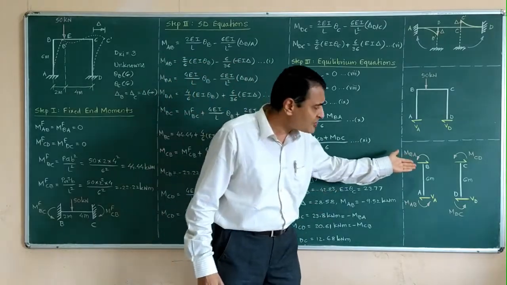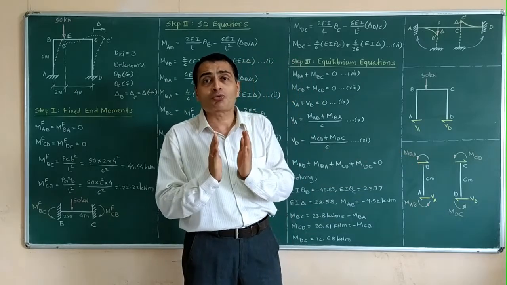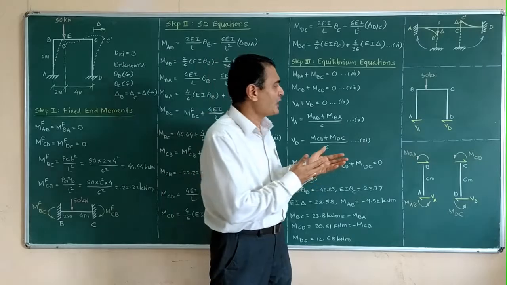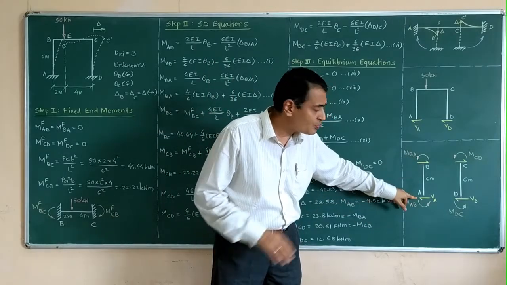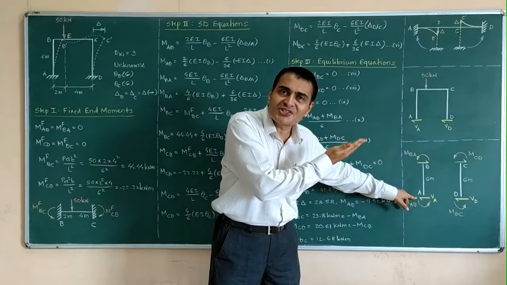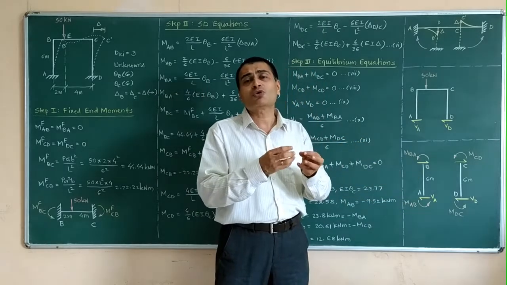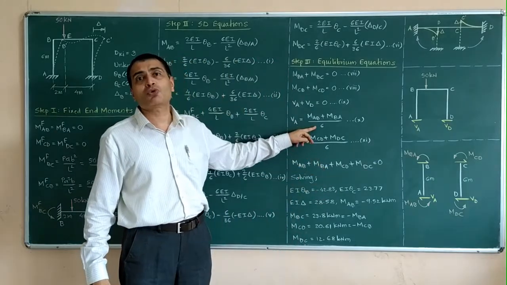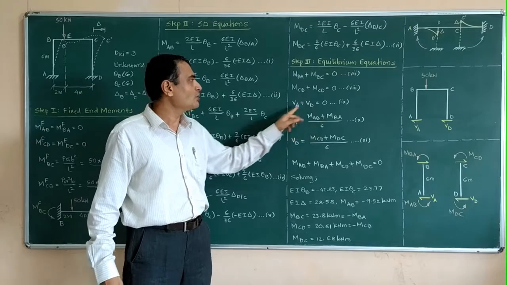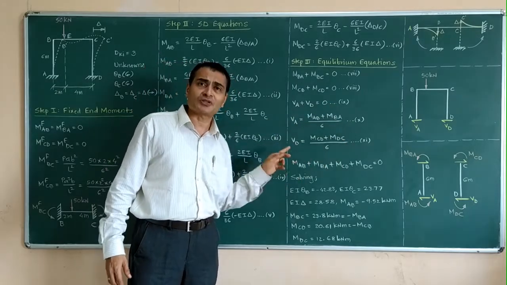Otherwise, actually apply sigma M about B. Unless you are very sure of these kinds of expressions, actually apply sigma M about B. These two positive terms will create a clockwise moment, 6 times VA, because 6 meters is the span. That negative term if you take on the right hand side and that coefficient 6 in the denominator, you will precisely get this expression as well as this expression.